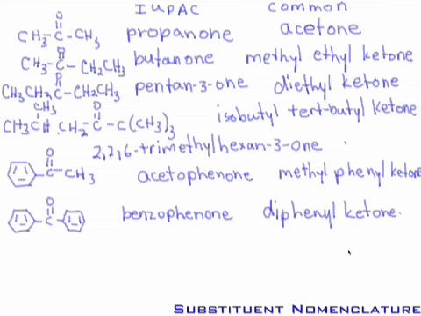Now, in common nomenclature, when we have a substituent off the chain, we don't localize the substituent with numbers.